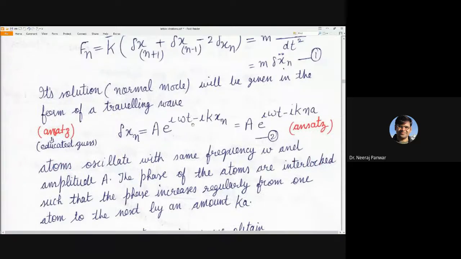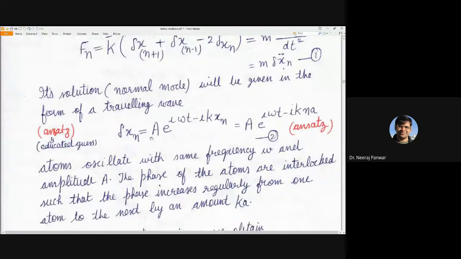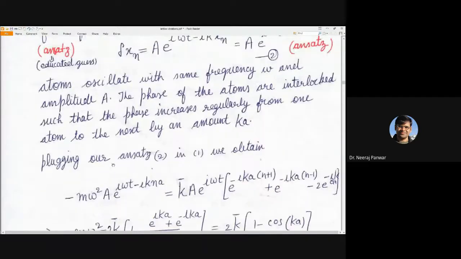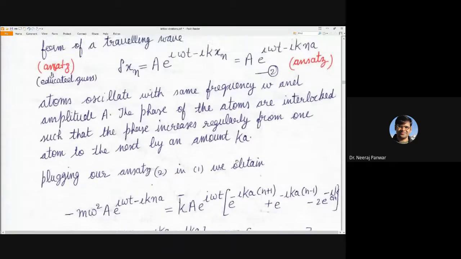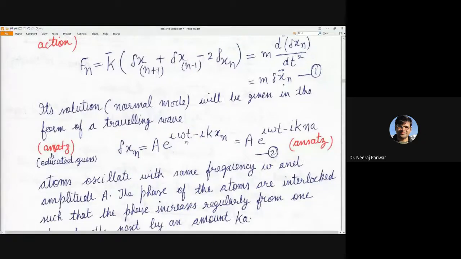If we plug in this solution in this equation, we are going to get this equation. Minus m omega, because on this side we have a second derivative, so we need to differentiate it twice with respect to t.